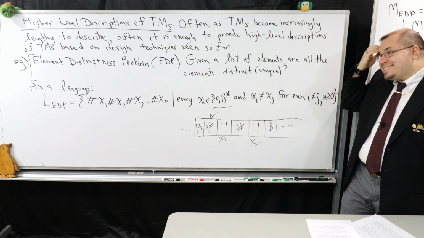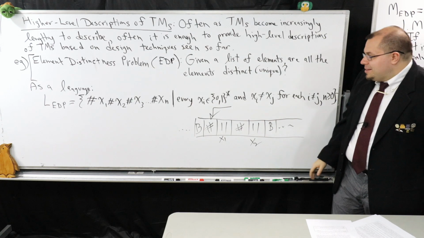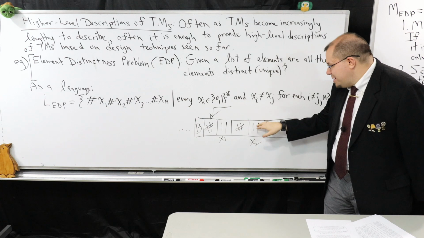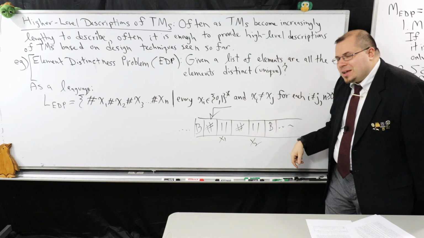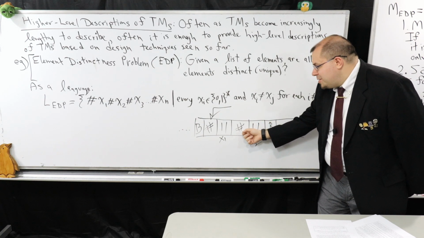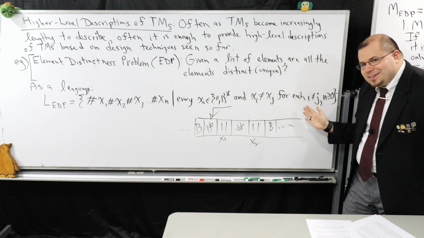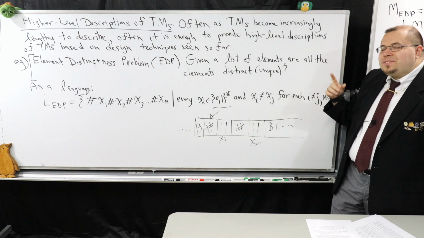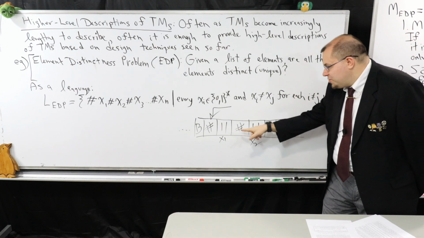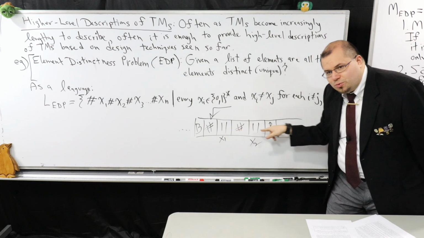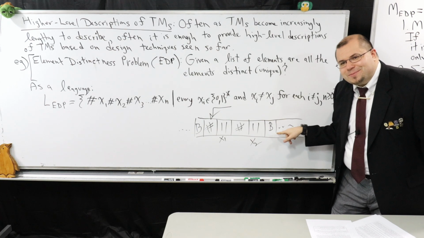Yes, that's exactly it. So remember, there's a whole bunch of cells that are here, and a bunch of cells that are right here. And then there's going to be these number signs that are just going to tell me when I get to the next element. So if I have some way to determine if these are equal, obviously if they're equal to one another, I better reject, right?